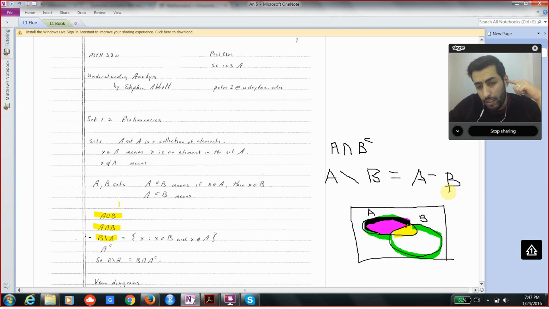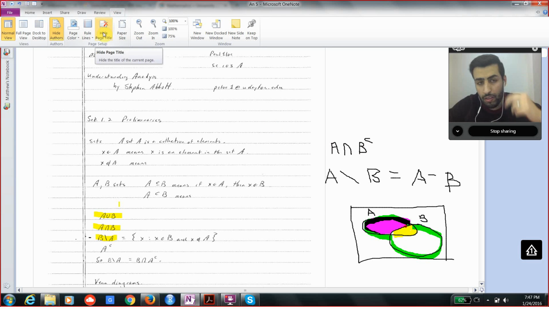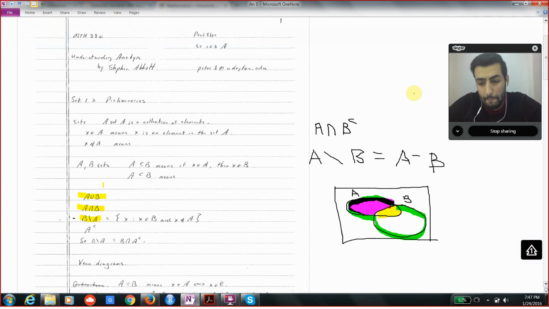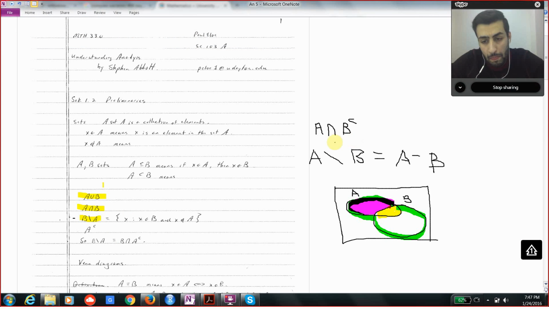It's everything outside of B. And so you notice this is what it is: these are all the guys that are in A and not in B. When we talk about intersection, it's really the same as "and." It means the same thing. That's how we want to think about this, but this is how we write it. This is called the set difference. And you notice actually down here, he writes exactly what I just said.